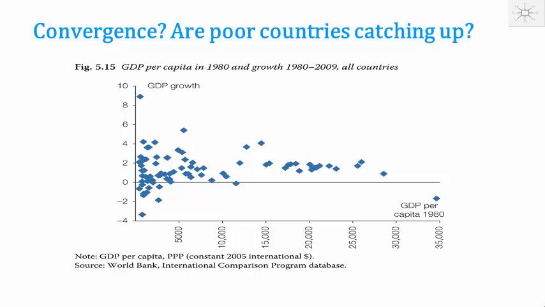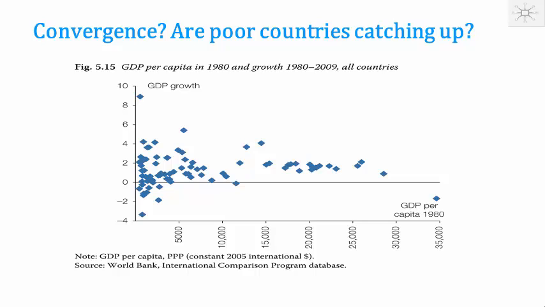So this graph shows on the horizontal axis GDP per capita in 1980, and on the vertical axis the growth in GDP per capita between 1980 and 2009. And what you can see here is that the countries that had a high income already in 1980, those on the right side, most of those countries have a kind of similar growth rates, about 2% per year.